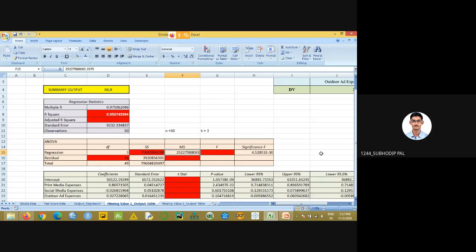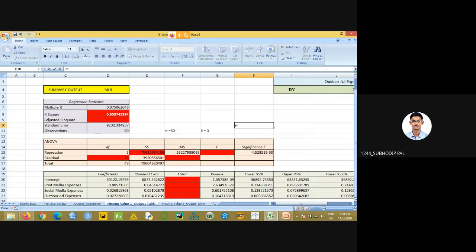So how do we calculate MS? If MS is missing and SSR and DF 3 is given to you, how do you calculate this? SSR divided by 3. MSR is equal to SSR divided by regression degree of freedom. Now if this value is missing, how do we calculate it? MSR into this degree of freedom, correct? Are all clear? Can you repeat?